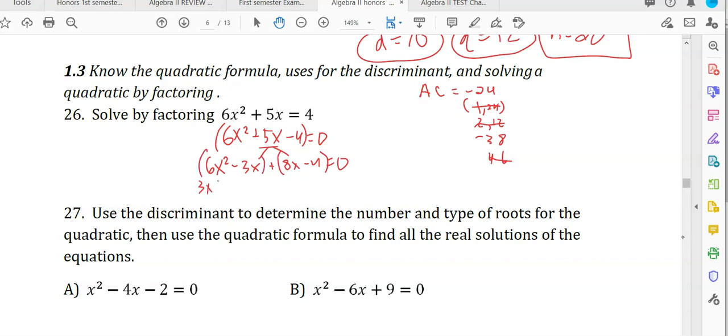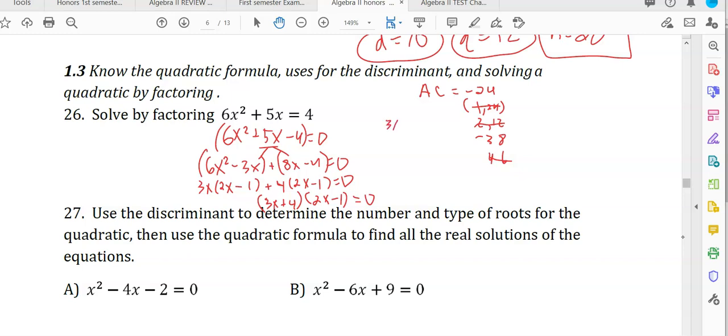There would be 3x times 2x minus 1 plus 4 times 2x minus 1. Because those match, we can regroup, which is going to be 3x plus 4 and 2x minus 1 equals 0. Solve, so we're not quite there, so we need to set each factor equal to 0.